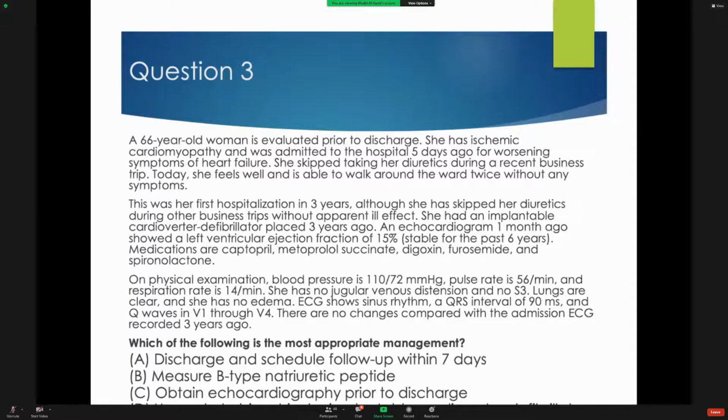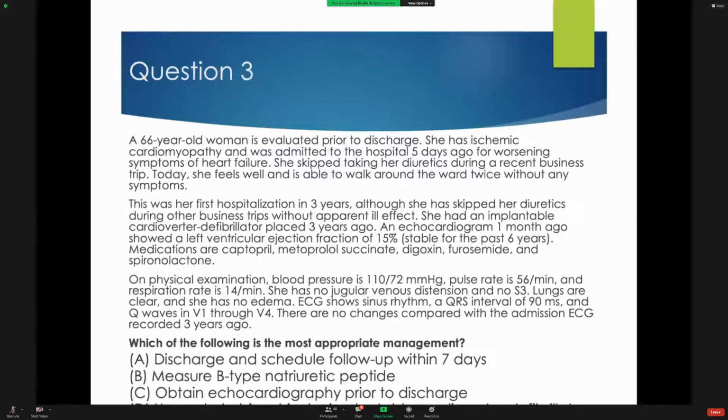Although she has skipped her diuretics during other business trips without apparent ill effect, she had an implantable cardioverter defibrillator placed 3 years ago. An echocardiogram 1 month ago showed a left ventricular ejection fraction of 15%, stable for the past 6 years. Medications are captopril, metoprolol succinate, digoxin, furosemide, and spironolactone.